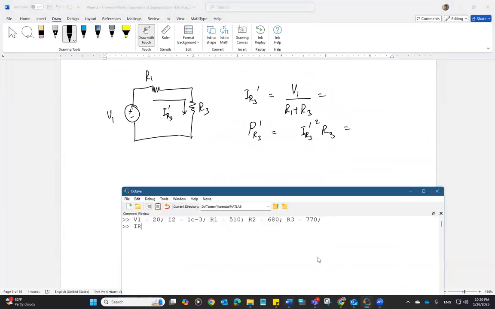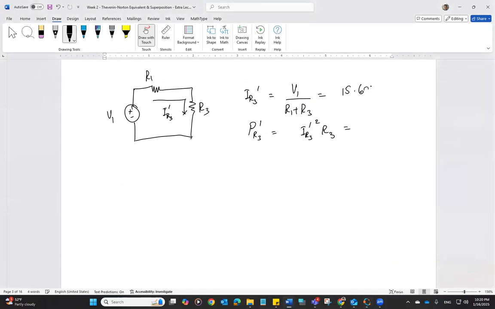I'm just going to call it IR31 equals V1 divided by R1 plus R3, 15.625 milliampere.